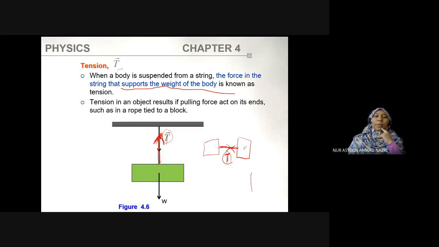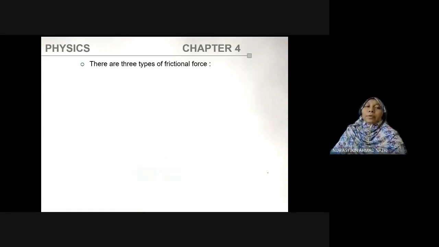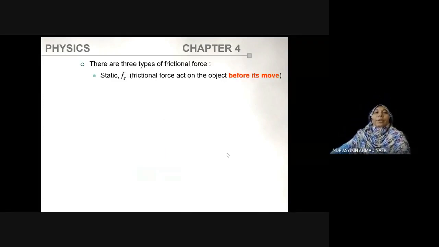Okay, even dia terpisah dengan puli pun, tapi dia masih satu tali ni connected, this rope only has one tension sahaja, walaupun ada dua objek yang berbeza kat sini hang kat dia. So cuma ada satu tension, but apa yang different? Again, different pada dia punya direction, ya. That's how we draw the diagram untuk tension.